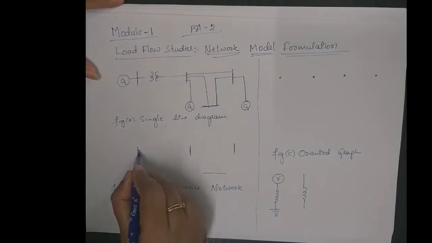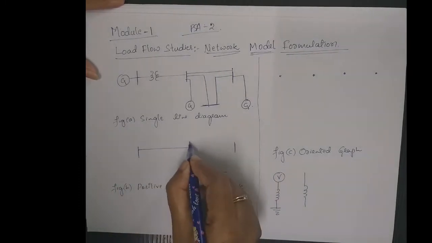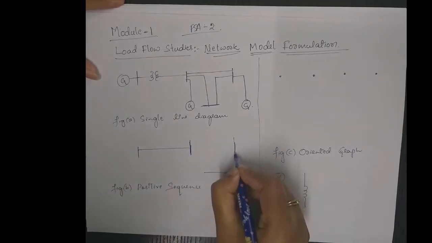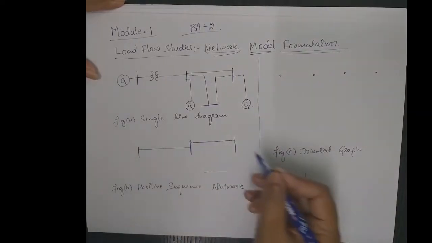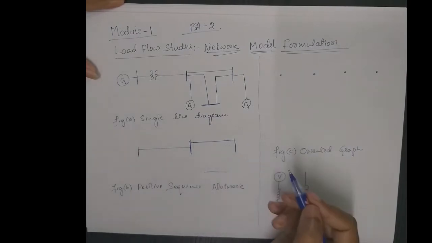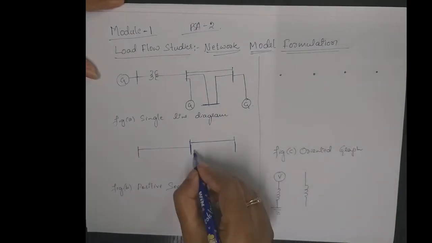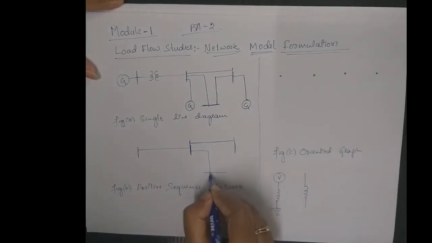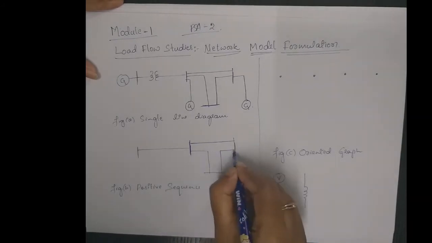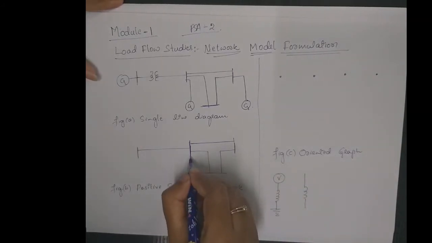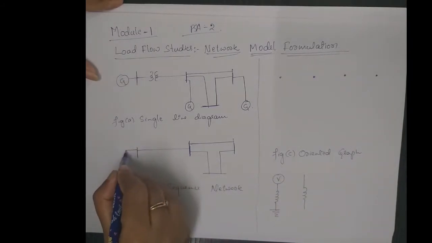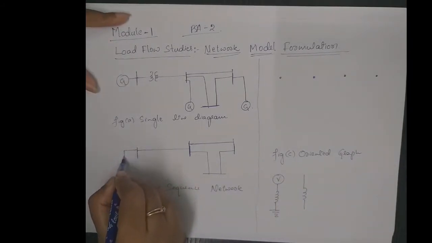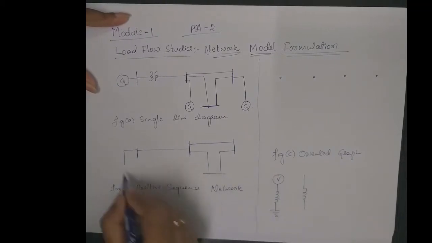So here one element we get, and anyway this is a transmission line. It is an element only, because a transmission line will have reactance, and one more element here, and the generator. The voltage source we are going to neglect, and the reactance is an element, which is grounded.